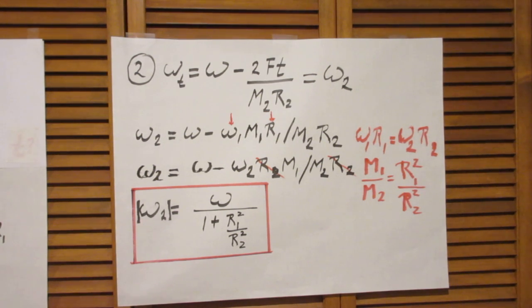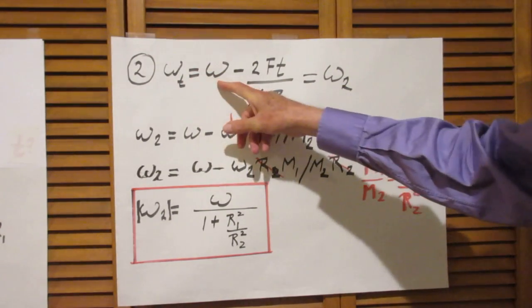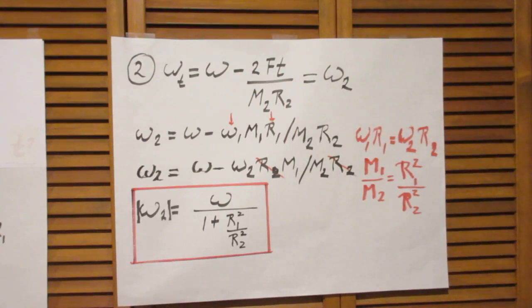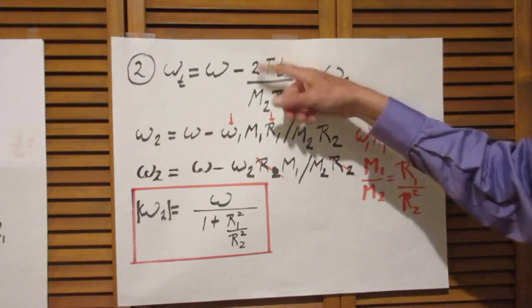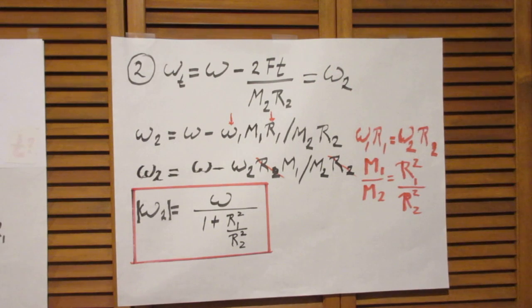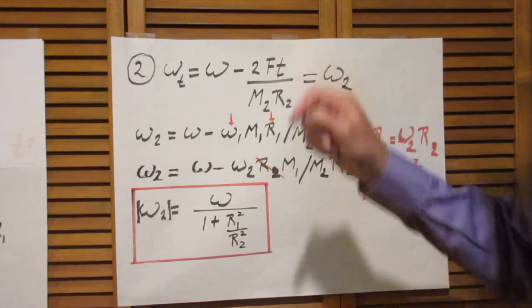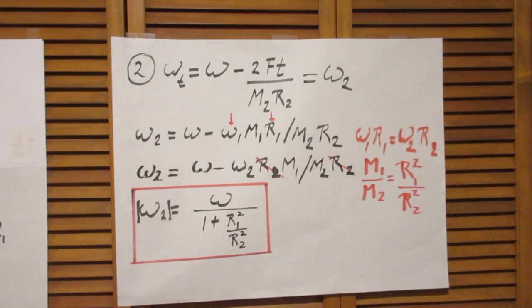So, omega t is omega 0, which for disk number 2 is omega. And then we get here minus alpha 2 times t. And that is omega 2, because that is the moment we're interested in, that omega of disk number 1 and omega of disk number 2 are no longer changing. And now look at the miracle. Do you see the ft there?